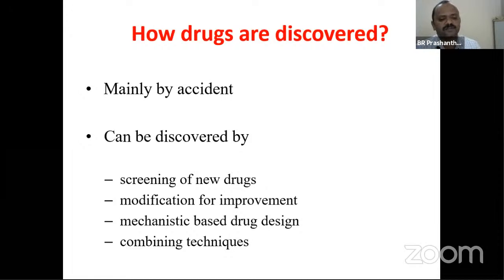So in that context, the room for improvement will be there.